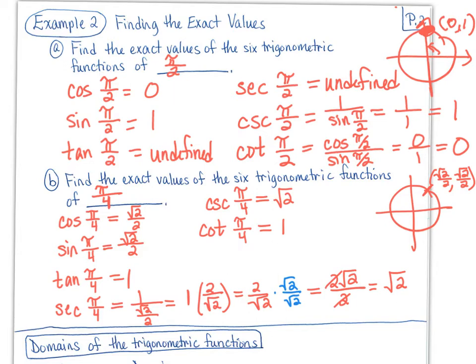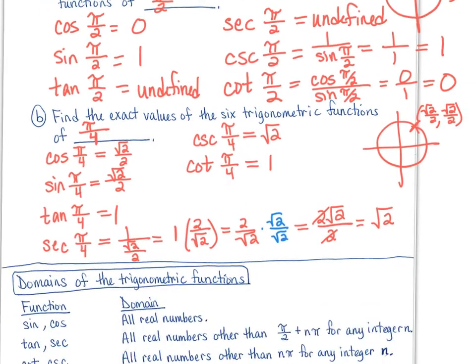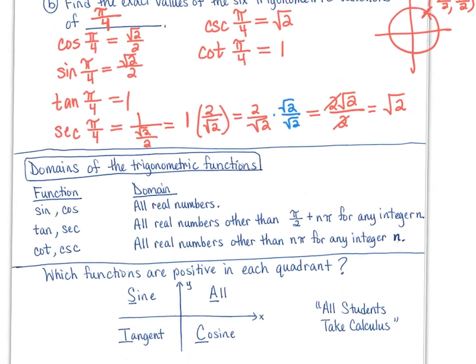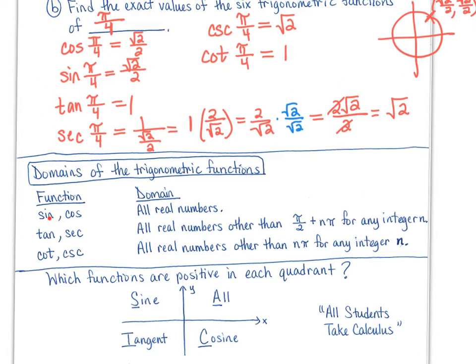Okay, excellent. So now let's talk about the domains of the trigonometric functions. When you're writing sine of theta or cosine of theta, you have to have an angle of measurement that follows. So for sine and cosine, the domain is all real numbers, the possible x values.